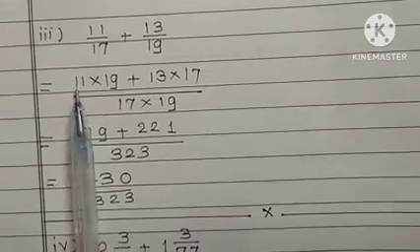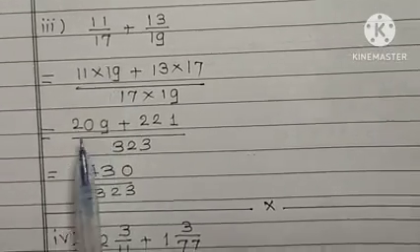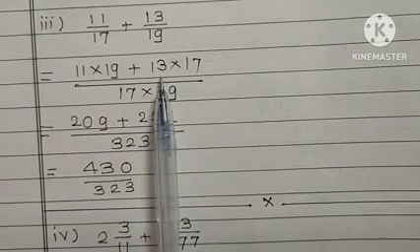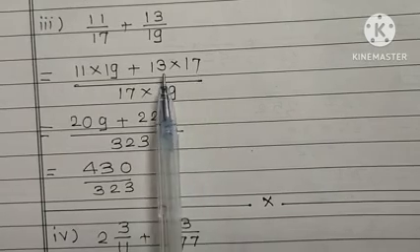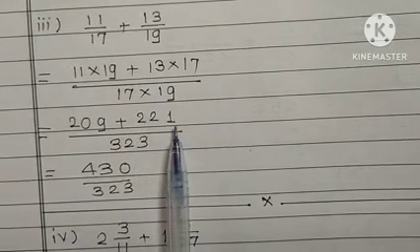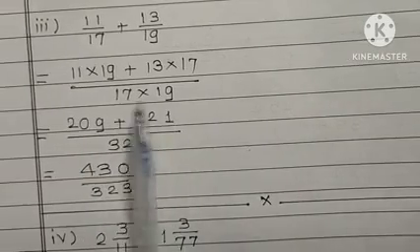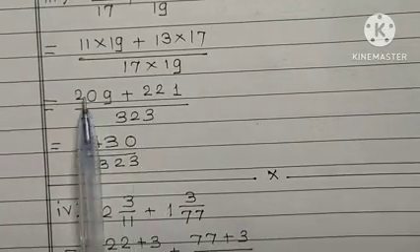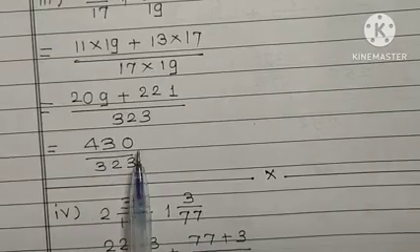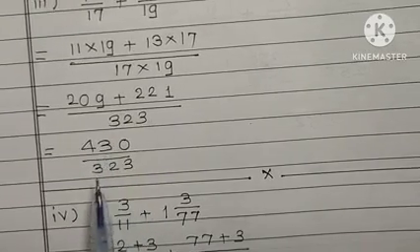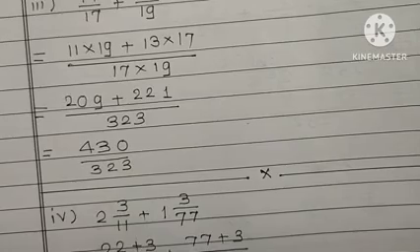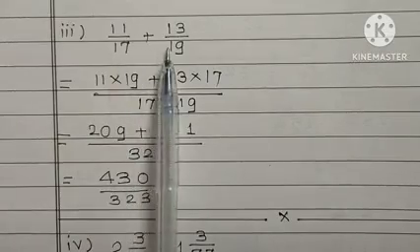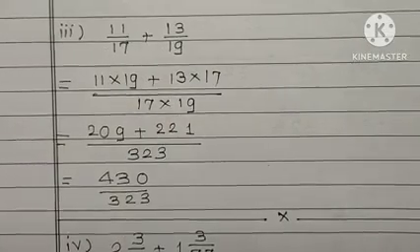So 11 into 19, this product is 209, plus 13 into 17, this product is 221, upon the product of these two, which is 323. This addition is 430 and this is 323. So this is the addition of these two rational numbers.